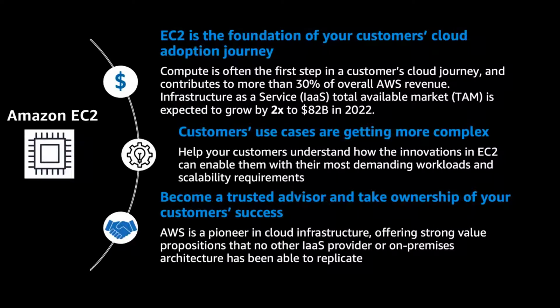As we talk today about G4ad, I think it's worth discussing how an instance such as G4ad is actually built off of architecture customers will have familiarity with. G4ad uses AWS's Nitro-based system, which offers the industry-leading hypervisor and security support customers come to AWS for.